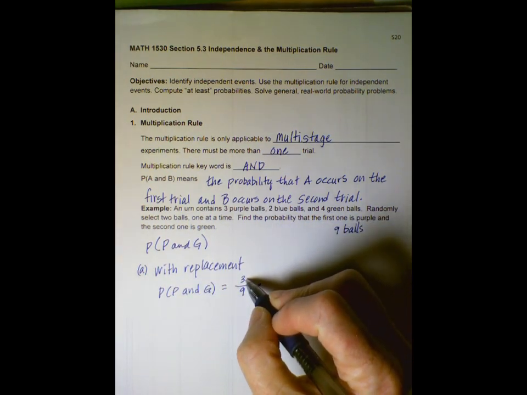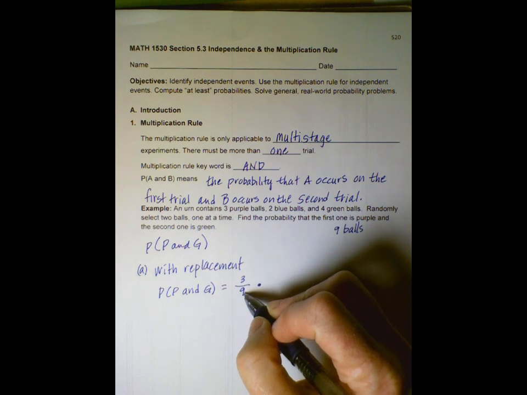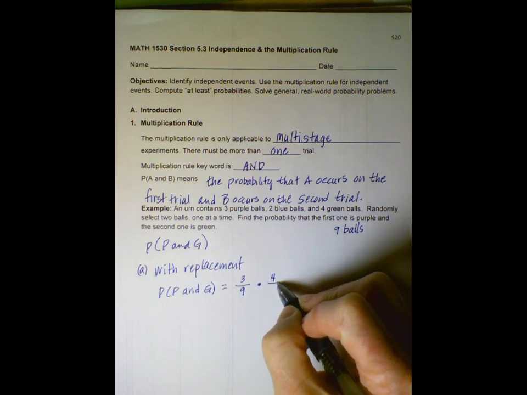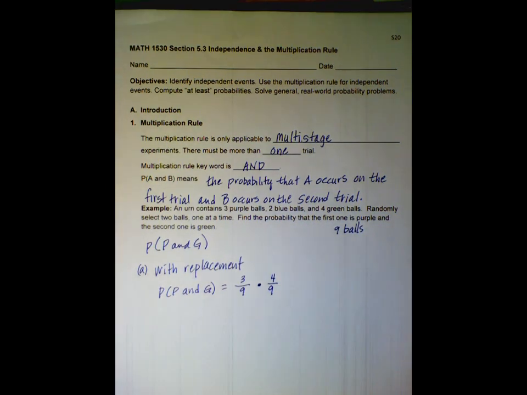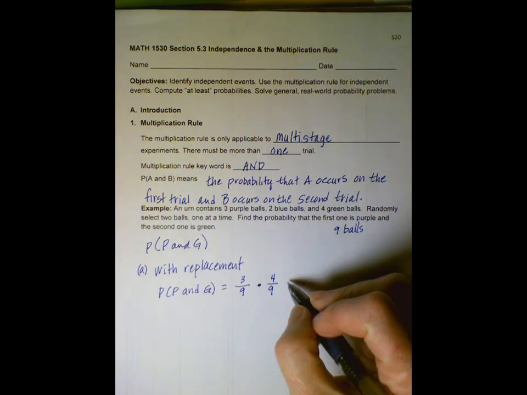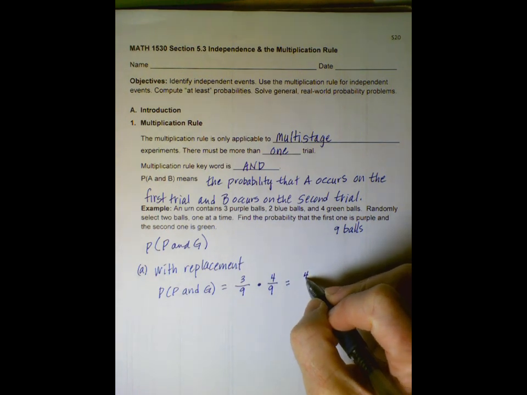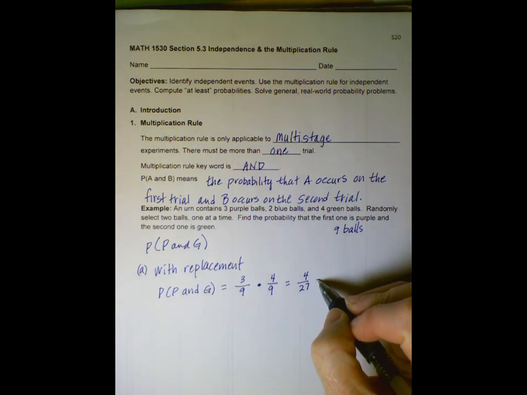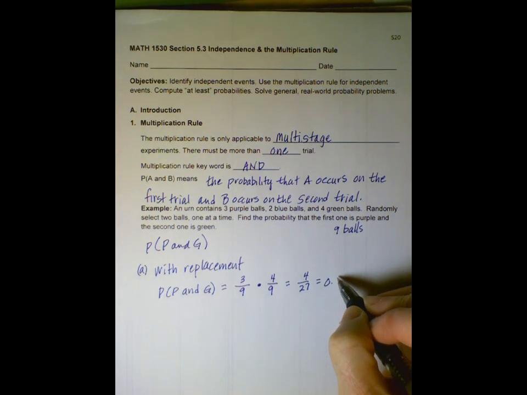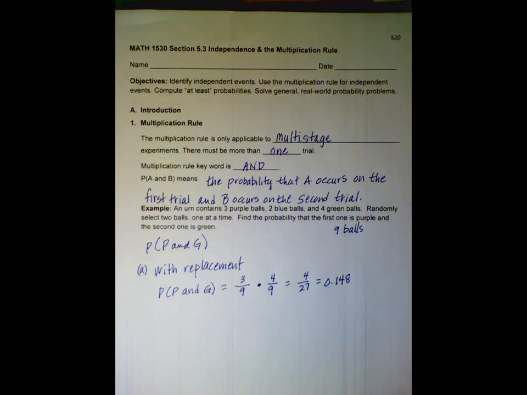So there were 3 purples out of 9. There are 4 greens, and because we put it back, there's still 9 in the urn. So then we can multiply, this is a simplified fraction, or 12 over 81, 4 over 27, but we'll just go now to a decimal by dividing 4 by 27.